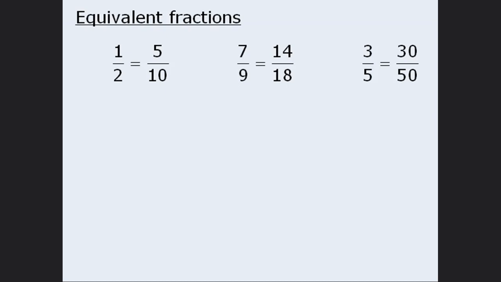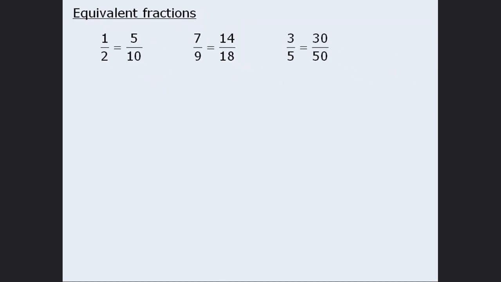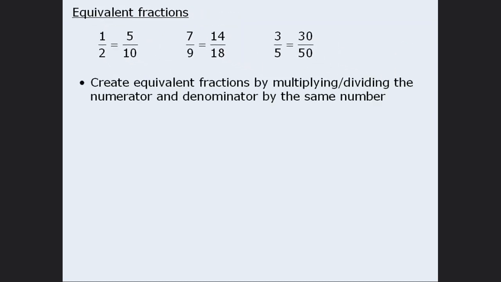The process of creating equivalent fractions is very straightforward. All we need to do is multiply or divide the numerator and denominator by the same number. So, for example, if we take the fraction 2/3 and multiply top and bottom by 5, we get 10/15. So 2/3 and 10/15 both represent the same value.